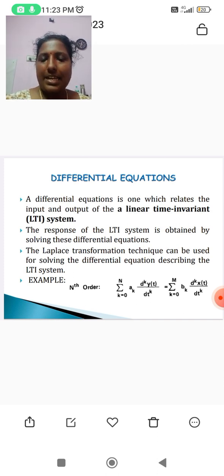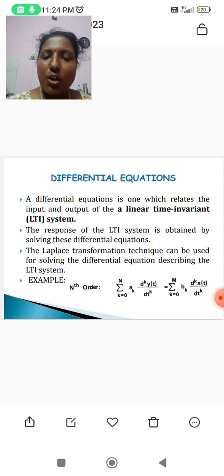In this slide, it is given that an nth order differential equation is given by summation k equal to 0 to n, a k d power k into y of t by dt power k, which is equal to summation k equal to 0 to m, b k d power k into x of t by dt power k, where y of t, on the left side of the equation, denotes the output and x of t denotes the input of a system.